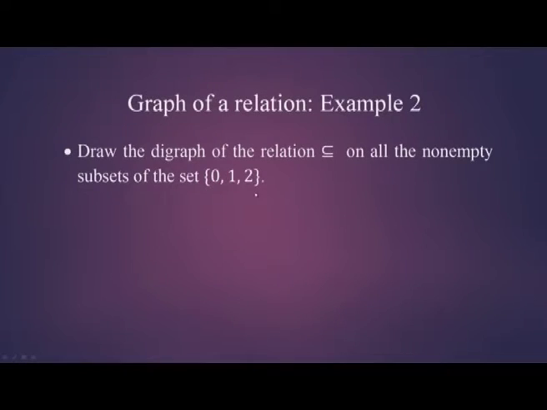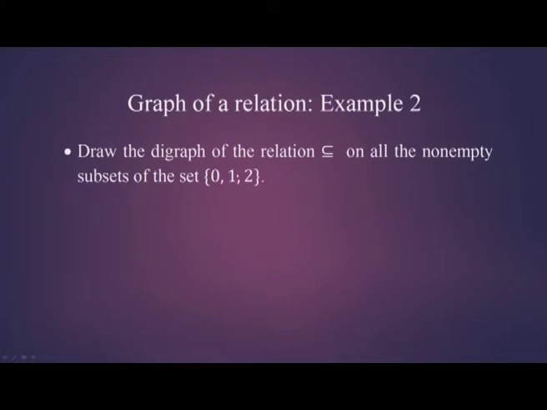Now, let us look at more examples on graphs of relations, namely this. Now, our set is 0 1 2, the 3 element set 0 1 2, and a relation is defined on it, which is the subset of relation, not on the set 0 1 2, but on the set of all non-empty subsets of 0 1 2.